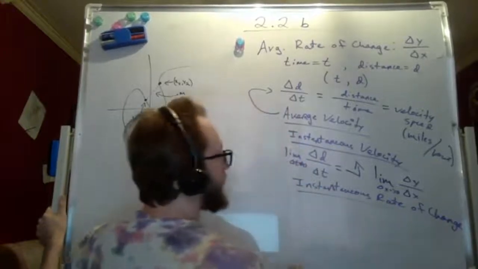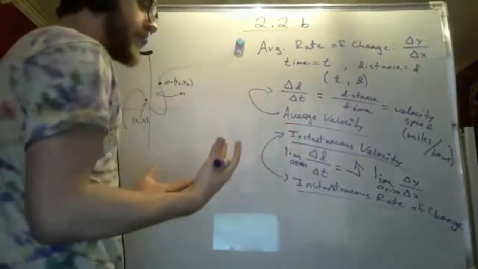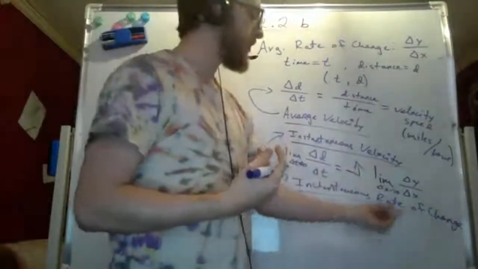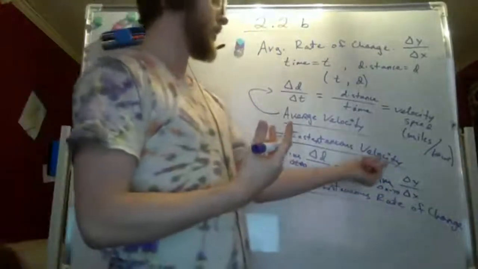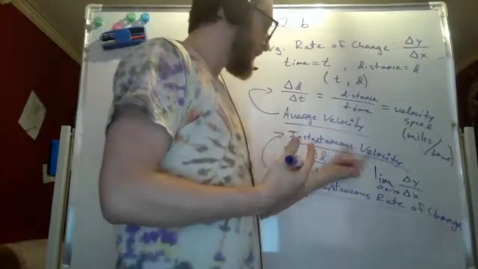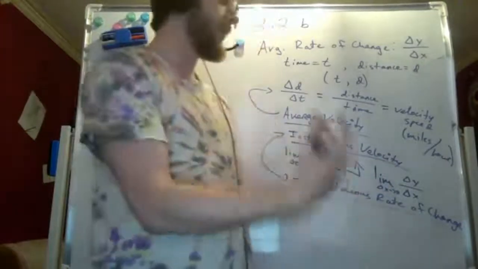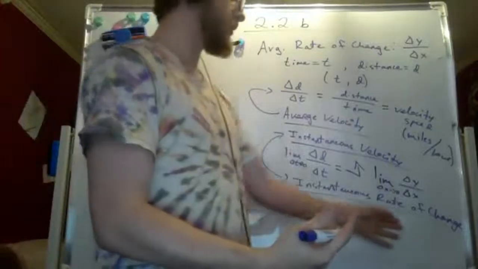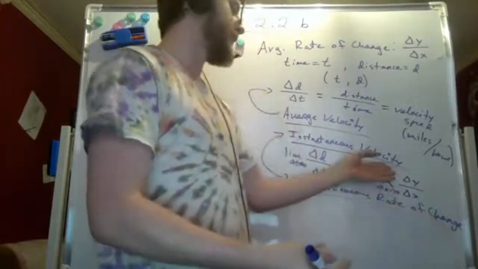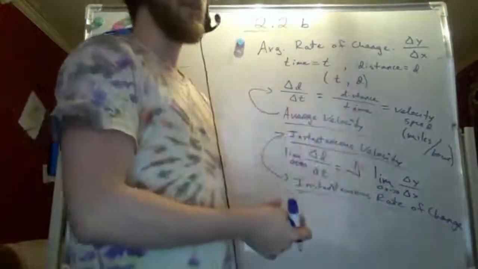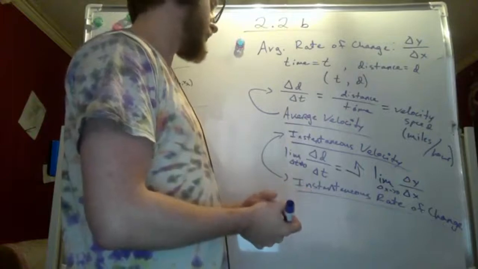So instantaneous rate of change, instantaneous velocity, these are really the same thing. The only difference in the vocabulary here is that if you're dealing with an application where we're talking about speed, we're talking about velocity, then that's what it is that we have here. Whereas in general, if it isn't a particular application or we're just using general y and x, then it's just a rate of change because we don't know if it's velocity or some other vocabulary term.